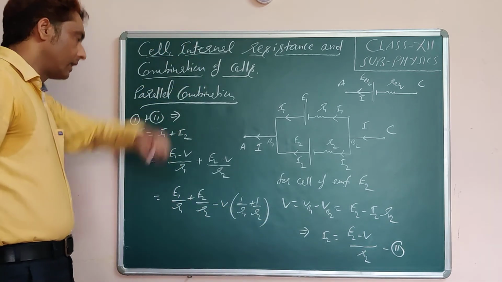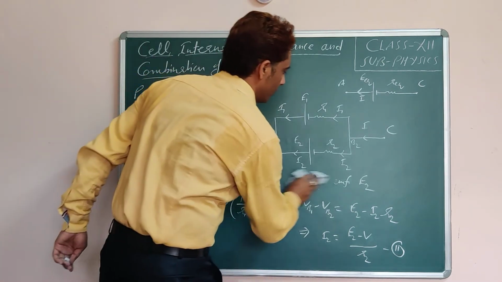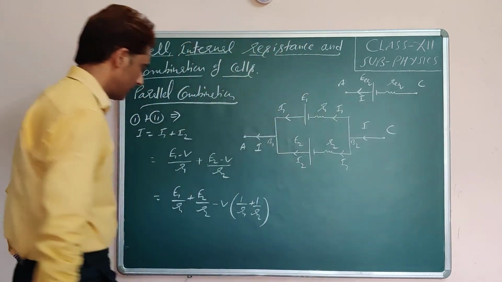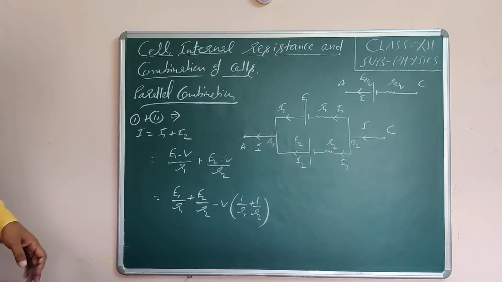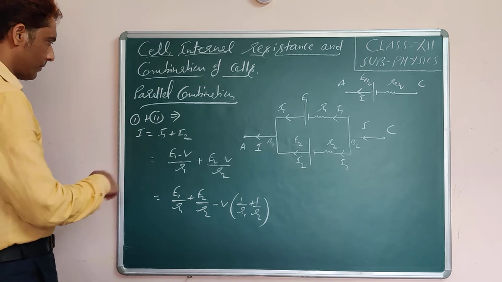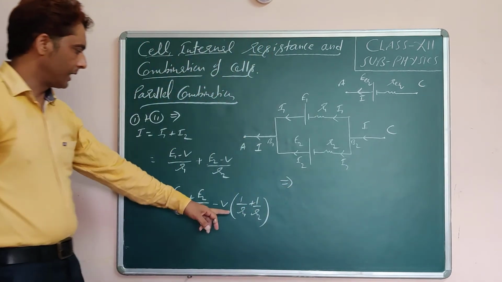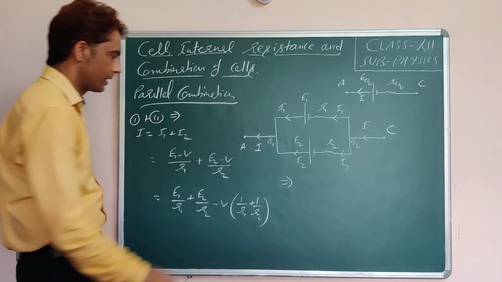Now we have to write it in terms of V is equal to E minus IR. I am taking this term toward the left hand side.